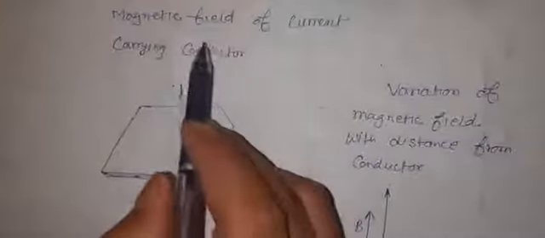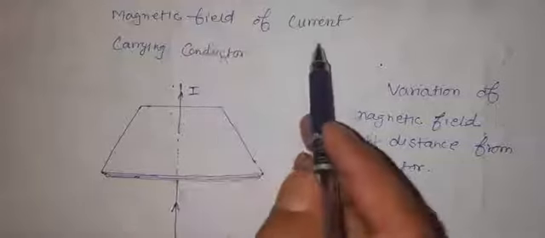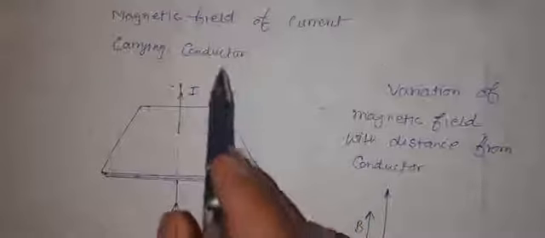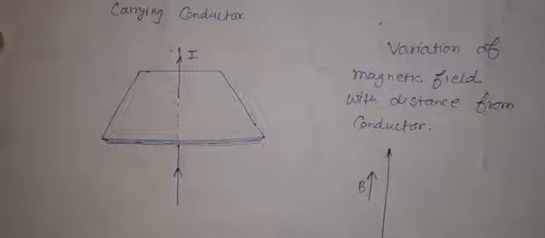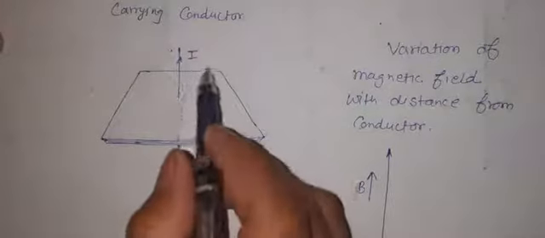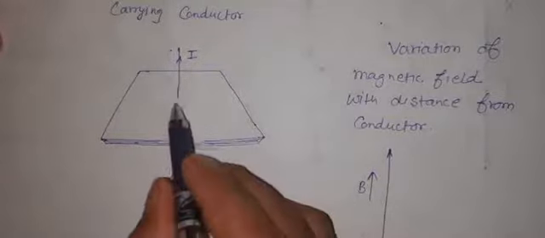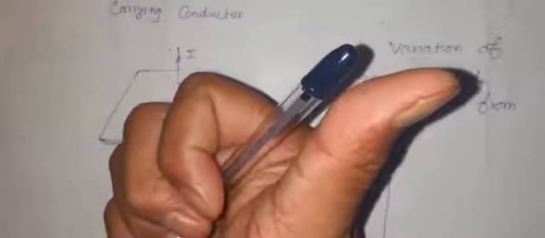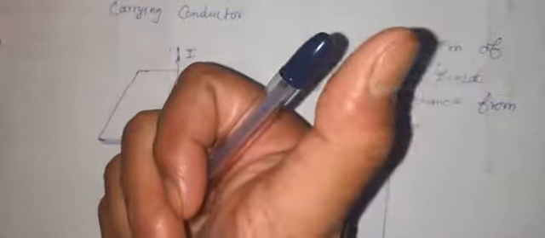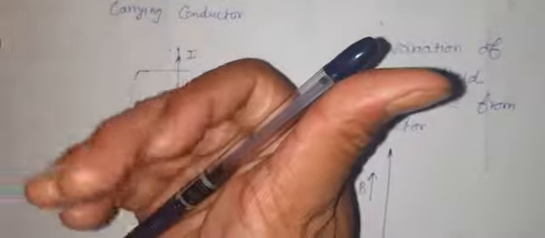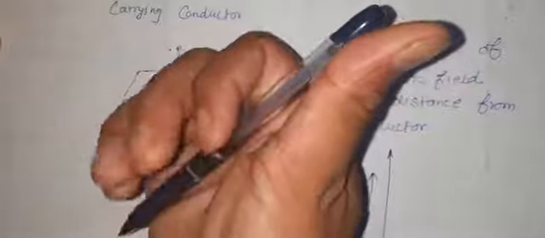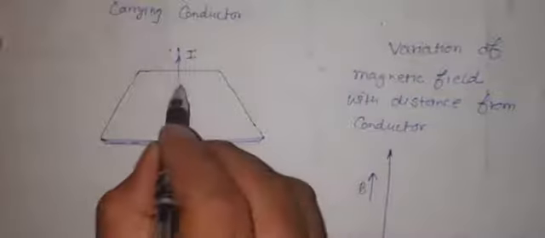Now let us learn how to draw the magnetic field of a current carrying straight conductor. For this I have supposed that this is the straight conductor, and here is a plane cardboard which I have supposed. As the current is going up, according to the right hand thumb rule, if you keep your thumb in the direction of the current, then the fingers curled around it will give the direction of the magnetic field.